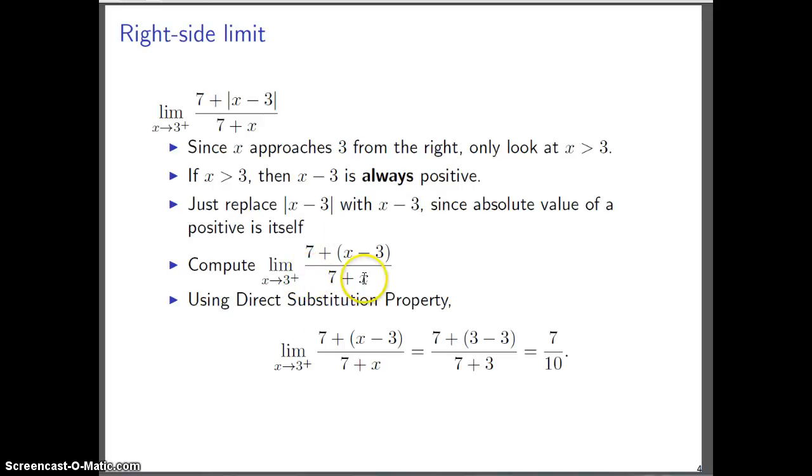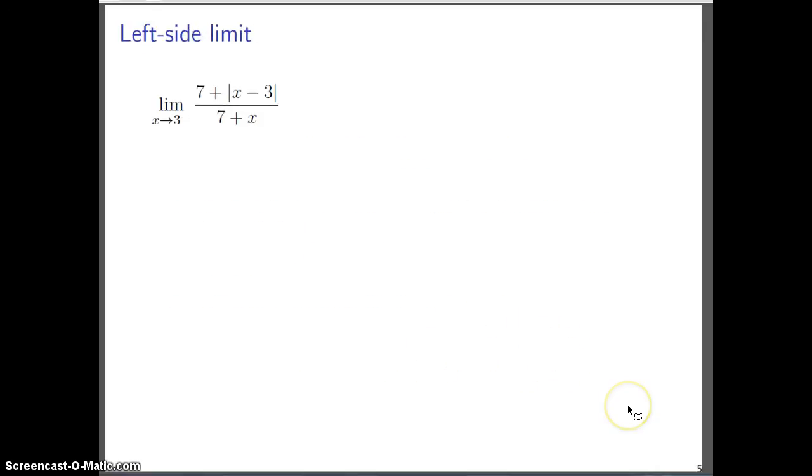You have a polynomial divided by a polynomial, so this is a rational function. You can plug 3 into the denominator, so 3 is in the domain, and using good old direct substitution for rational functions, you get that the limit on the right is going to be 7 over 10.